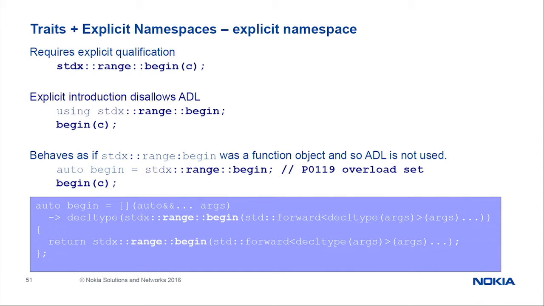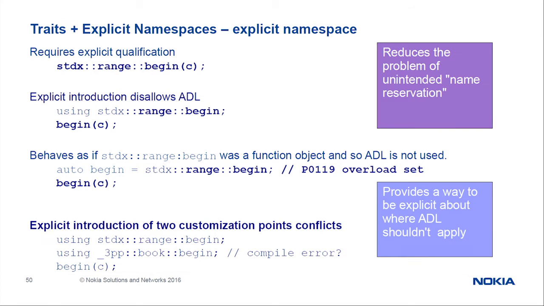Then, when two libraries define the same name, begin for range or begin for book or I don't know what, if we try to use both, we will have a clash. And this will not compile, of course, because we have an ambiguity. We don't know which of them to use.